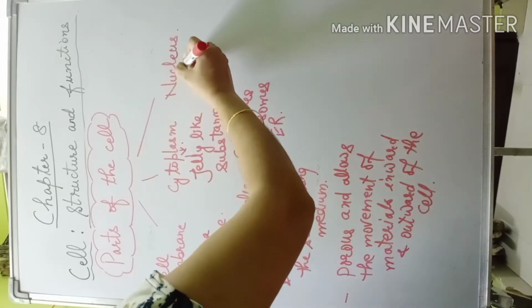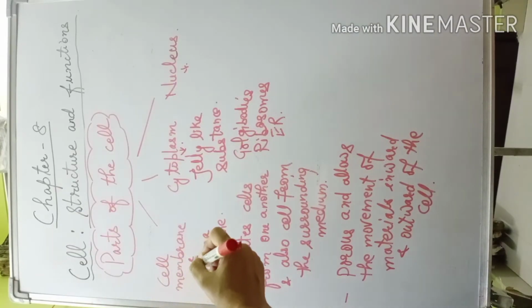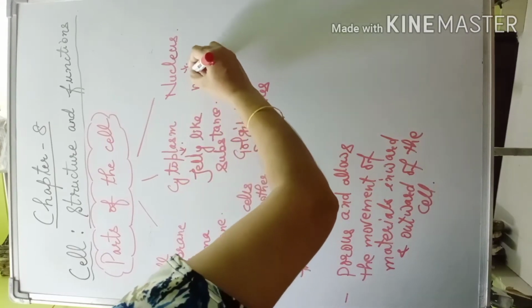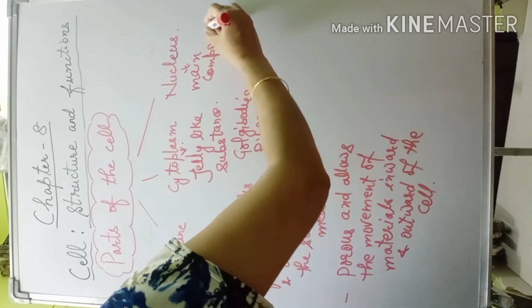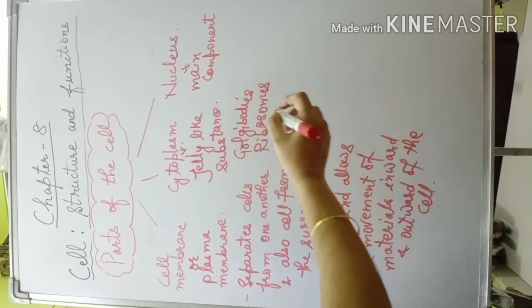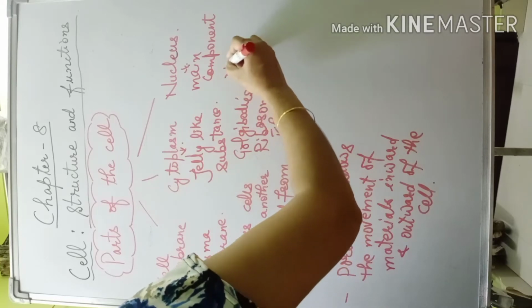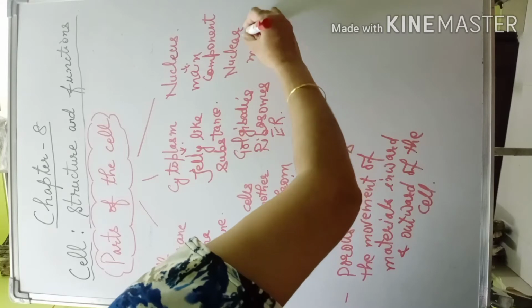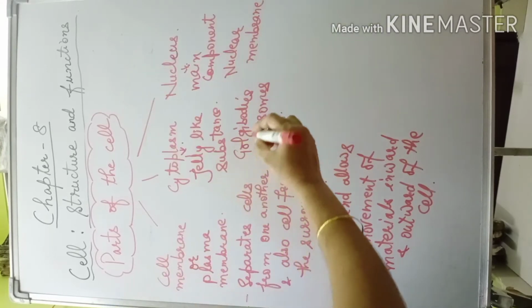Then third is nucleus. Nucleus is the main component of the cell. It has various parts such as nuclear membrane which encloses the nucleus.